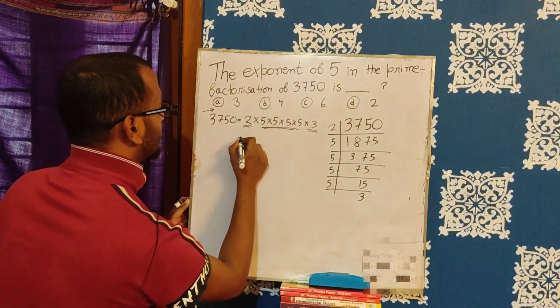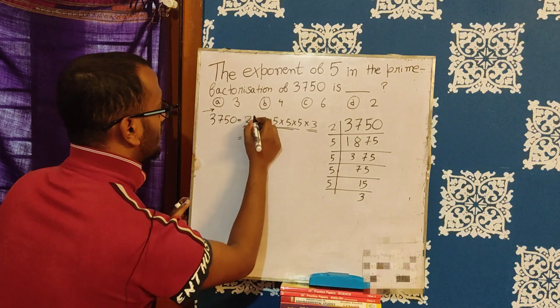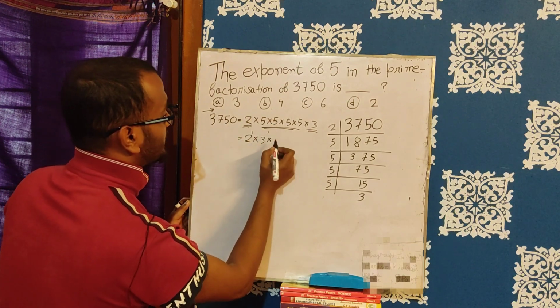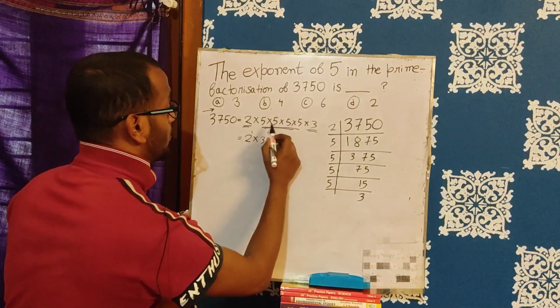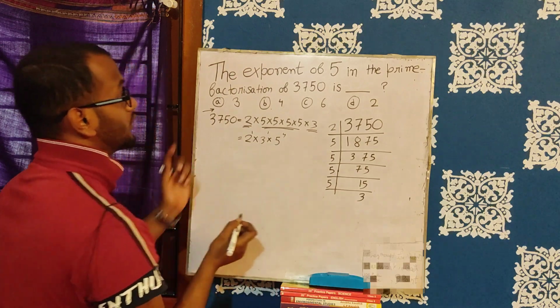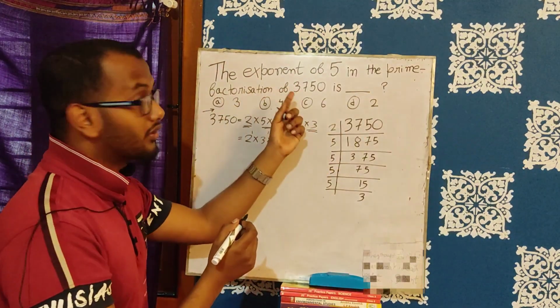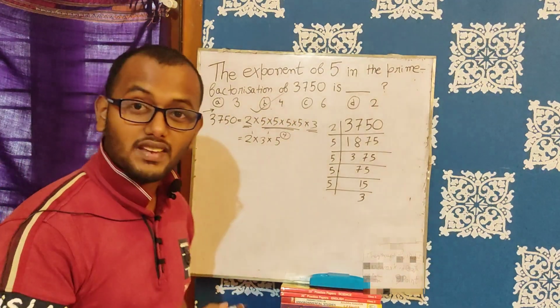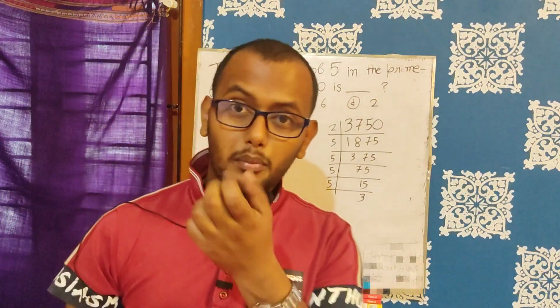The number of times 2 is present is 1 time, the number of times 3 is present is 1 time, and the number of times 5 is present is 4 times, so 5 to the power 4. So the exponent of 5 in the prime factorization of 3750 is 4. Then option B is correct. This is a type of previous year question.